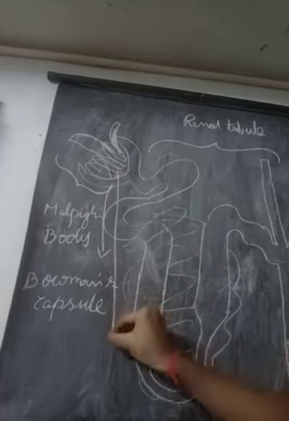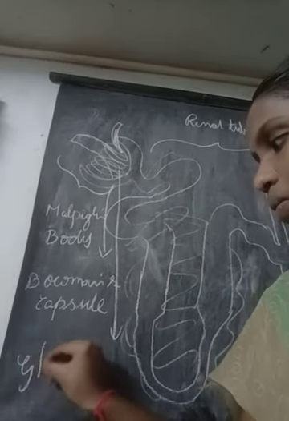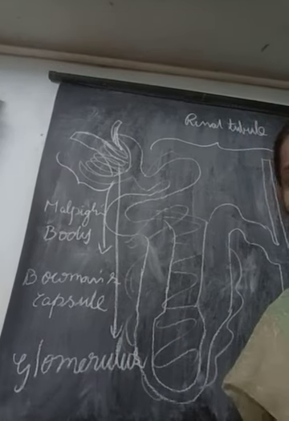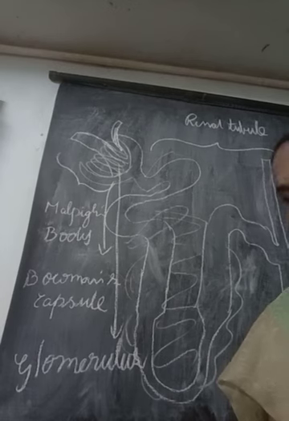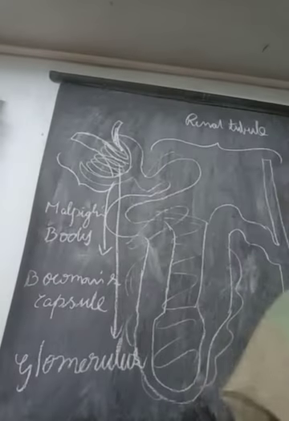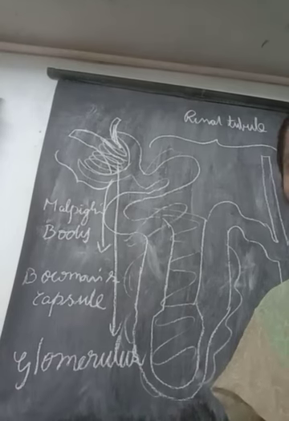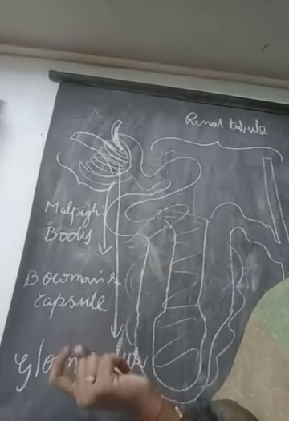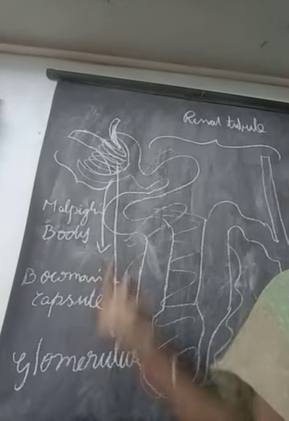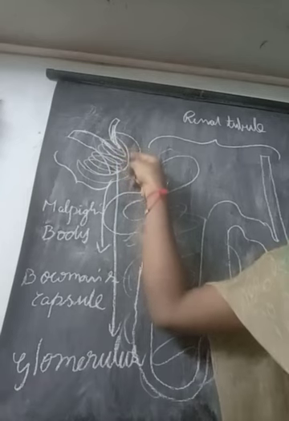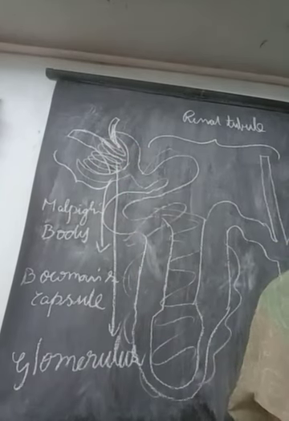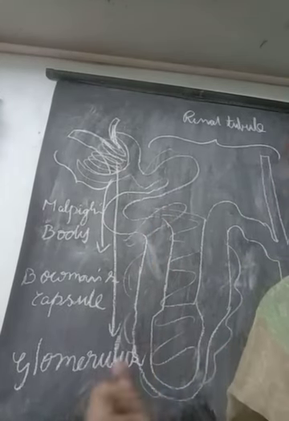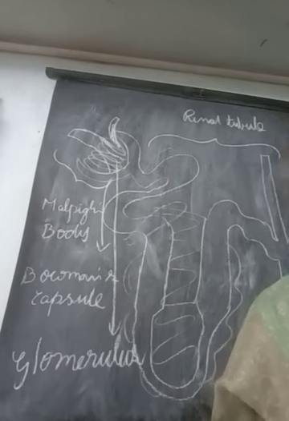That bunch is called the glomerulus. Just cut the word, it will be easy for you to read. So two parts I have explained now: the cup-shaped structure is called Bowman's capsule, and the bunch of blood capillaries embedded within the Bowman's capsule is called the glomerulus.